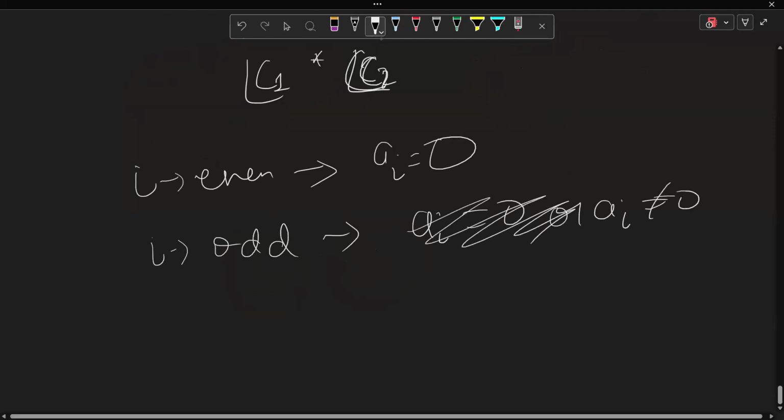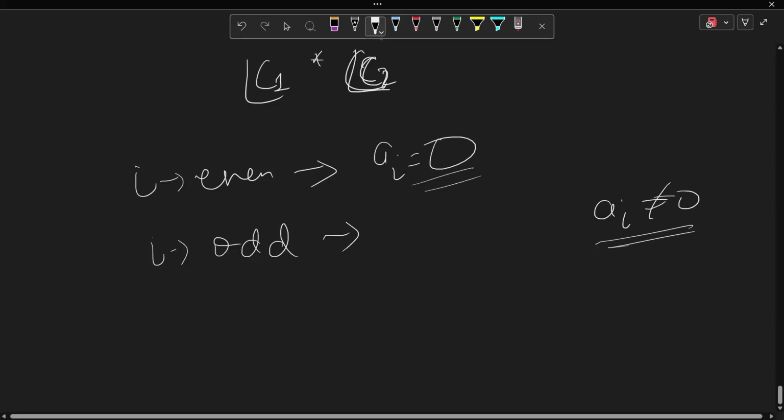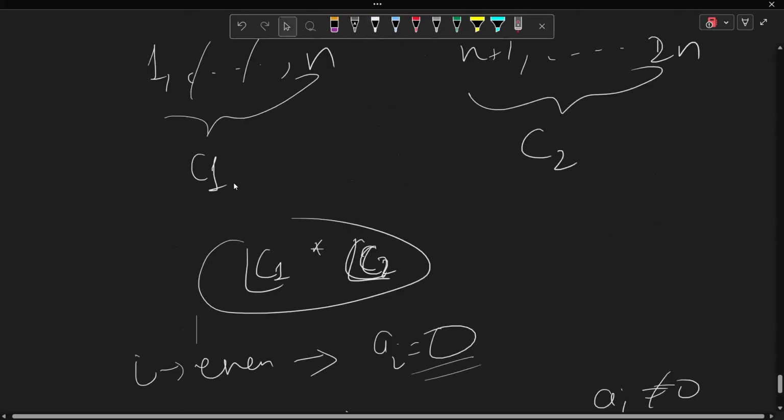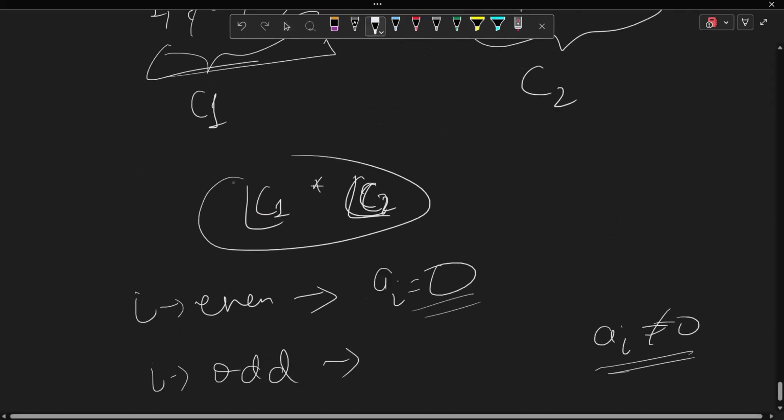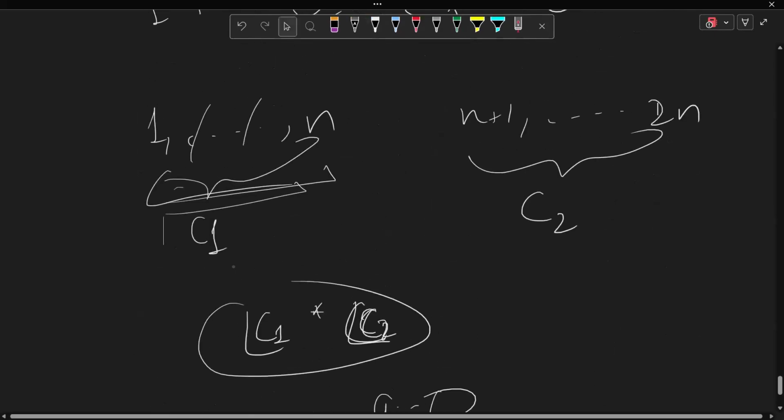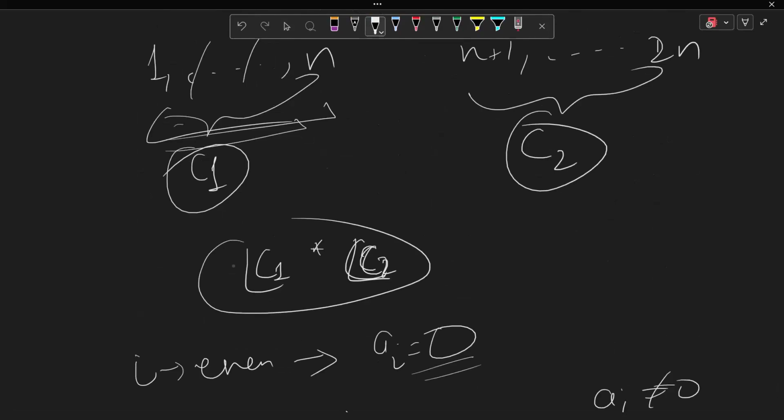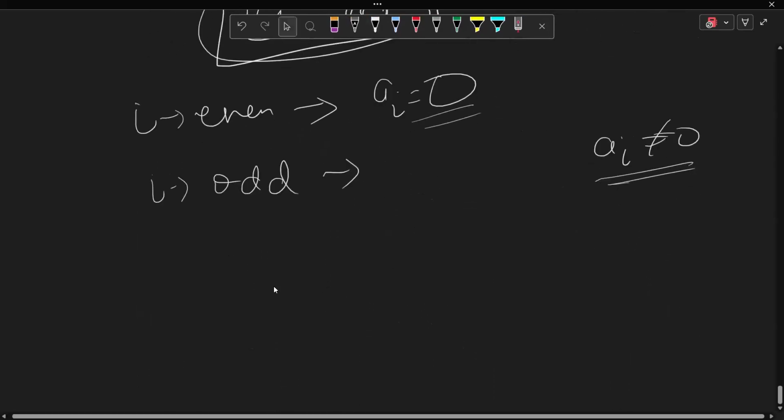But if I'm saying that for odd indexes all the values are known, and for even indexes all the values are unknown, then you can just write your answer as this: the number of unknown values in this range, which you can directly compute by subtracting the known values in this range while iterating through the array. The number of unknown values in this range is C2, and you can directly compute your answer as this, for the case where all the even indexes are unknown and all the odd indexes are known.